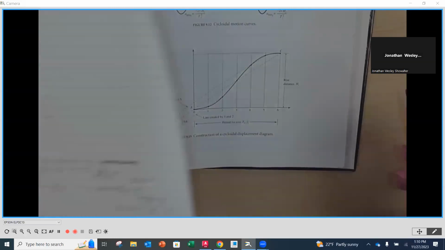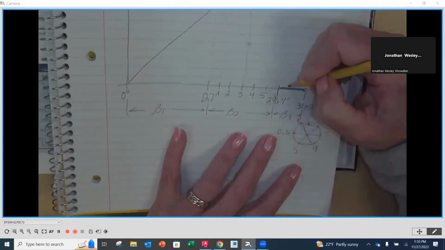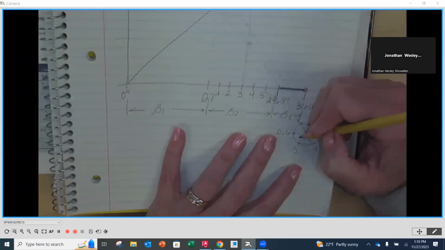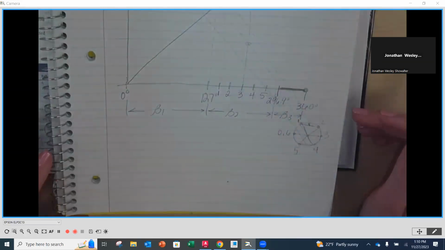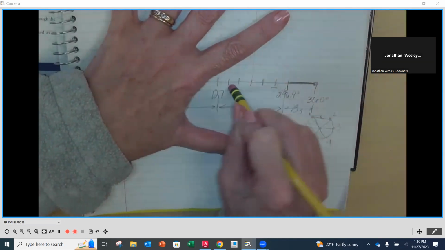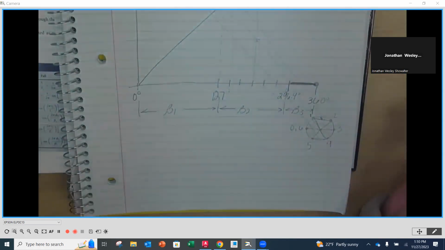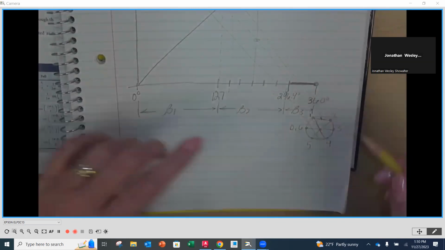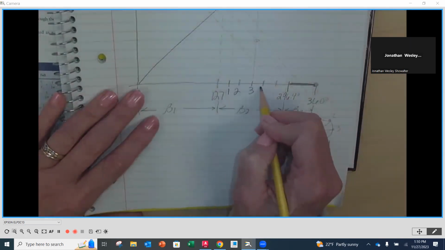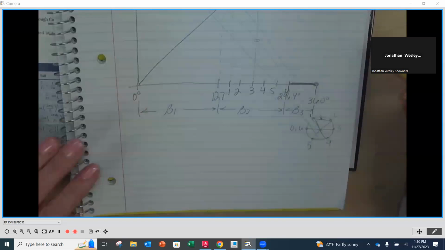This is going to be parallel along here. This is going to be parallel along here. I think I went in the opposite direction. No, I'm right. 1, 2, 3, 4, 5, and 6.